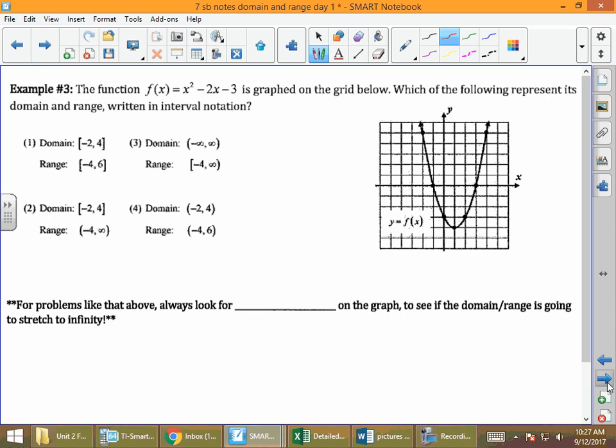Well, for problems with domain and range, looking down here at the star part for a moment, for problems like this, that have arrows on the graph, our domain and range could stretch to infinity. So we're going to keep going on and on and on in direction to indicate the infinity here.